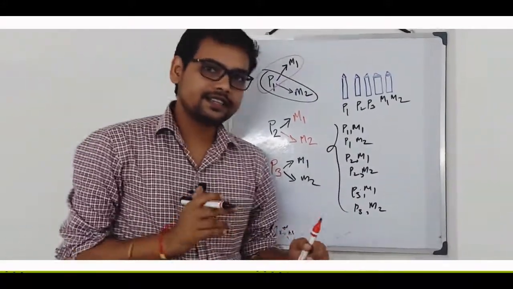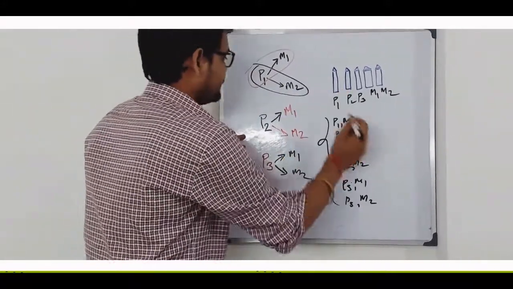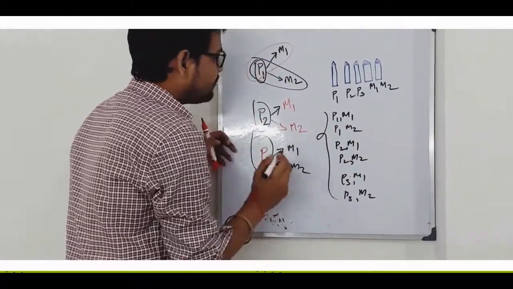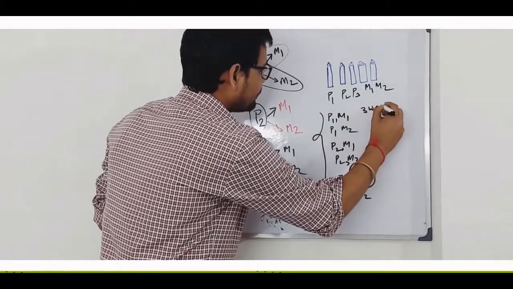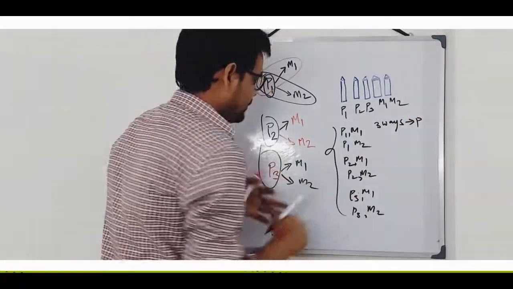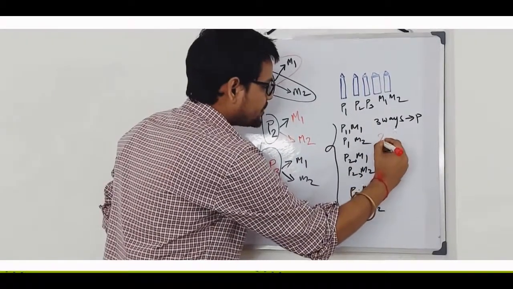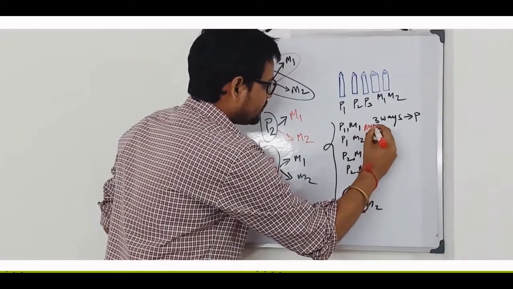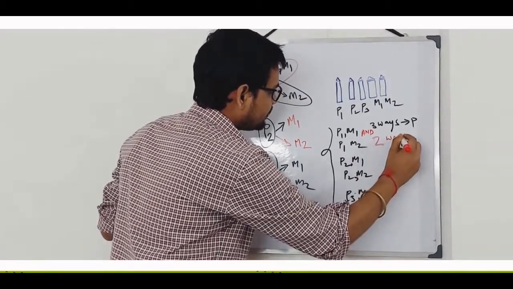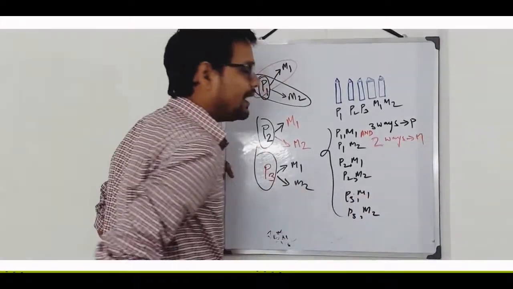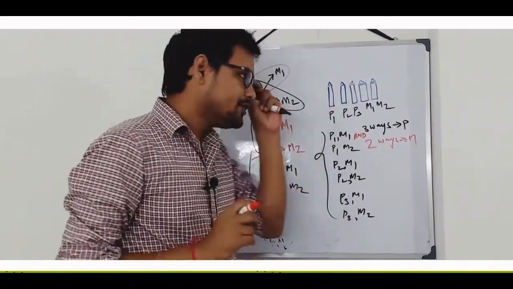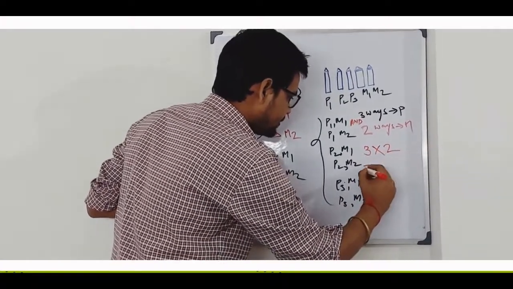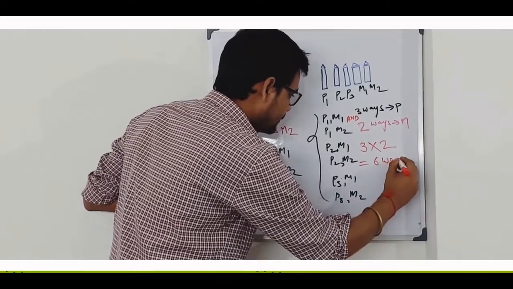So how do we get 6? 3 ways a pen can be picked, and 2 ways a marker can be picked. So 3 ways times 2 ways, total 6 ways.